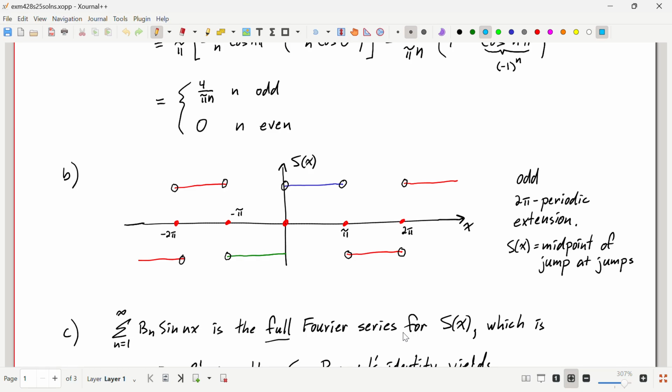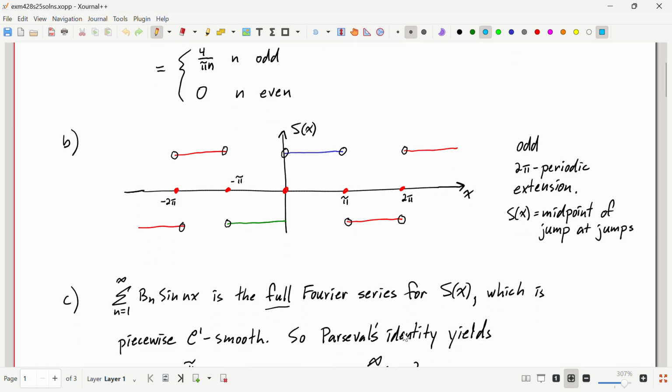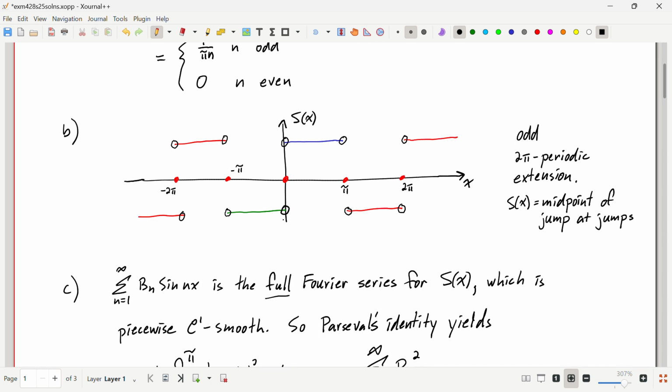And that's how we were able to deduce what sine series do convergence-wise. So the sine series would converge in the smooth places, but at the jumps, the sine series would converge to the midpoint of the jump. So those red dots were an important part of the problem. I didn't make people put those little circles there to indicate that the function's not defined. I mean, the function is the red dot. That's the limit of the series. Okay, that went pretty well, I think.